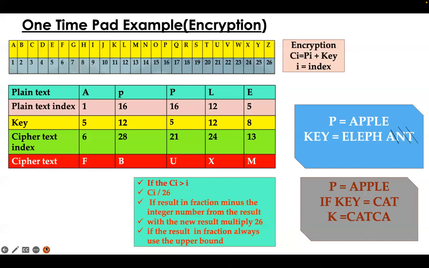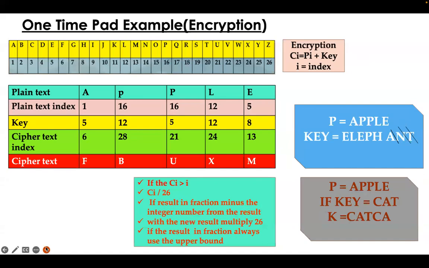So if our key is cat, it will be a circle: the C will again come, then A, and if our plaintext is more than 5 letters, then T will again come and C will again come. It will go round as a circle. And the other formula is the same as our Caesar cipher method.